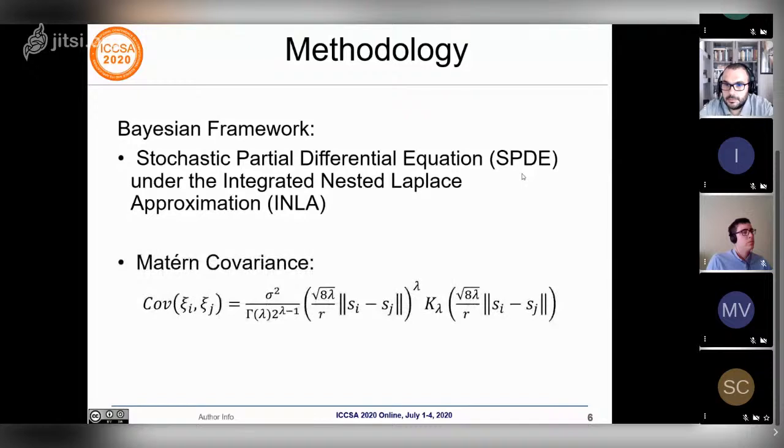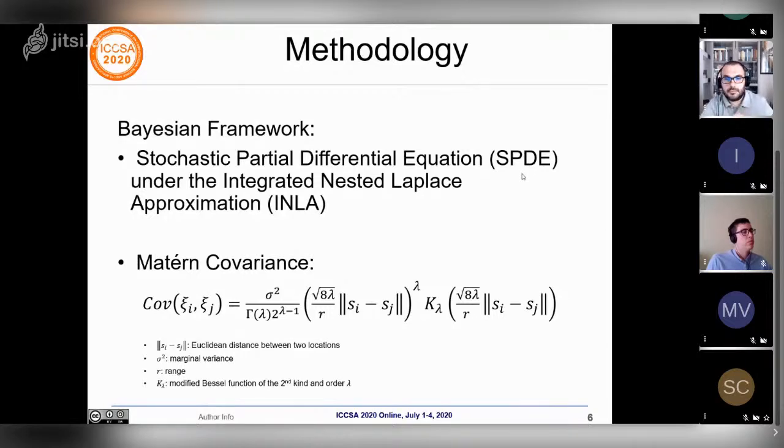This methodology represents a continuous Gaussian field using a discretely indexed Gaussian Markov random field, considering an SPDE whose solution is a Gaussian field with a Matérn covariance that is defined here.